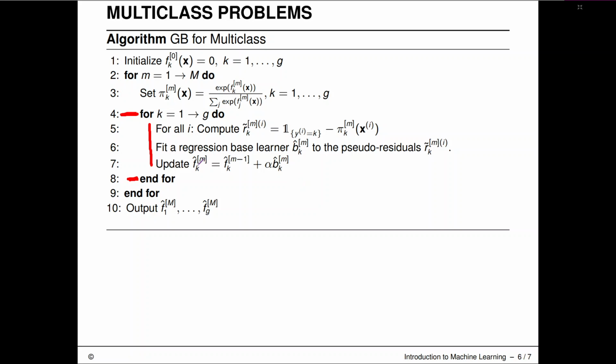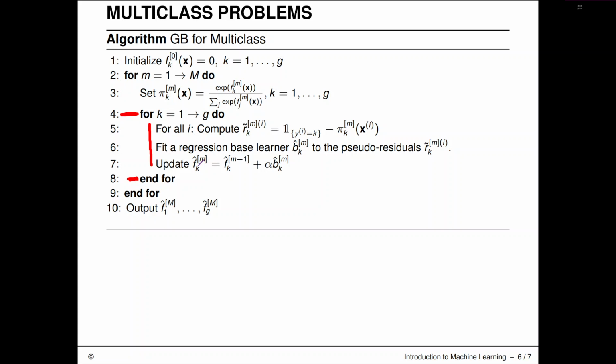And the only difference is that we don't have one ensemble stack where we add additive components, but we now have G of these ensemble stacks. And in each boosting iteration, we add one additive component into each discriminant function.